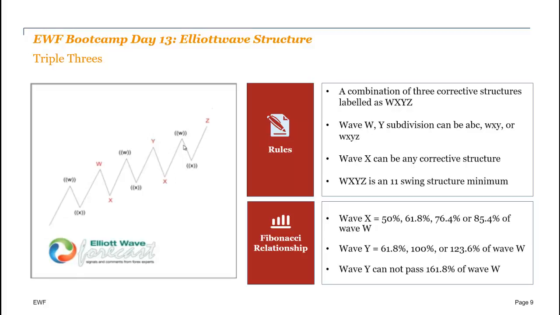This is also usually 100% to 123.6% of wave W. And wave Y, as the third swing here, also cannot pass beyond 161.8% of wave W right here. Okay, so this is an 11 swing, 1, 2, 3, 4, 5, 6, 7, 8, 9, 10, 11.